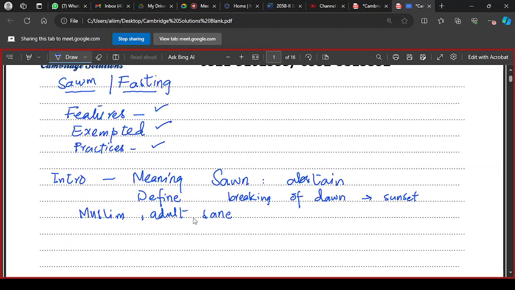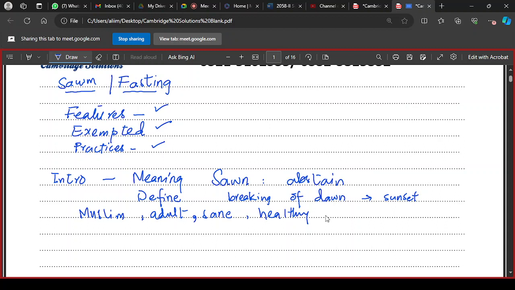Sane means the one who has a sound mind, and who is healthy and fit to observe this obligation. So he has to fast during the month of Ramzan, which is the 9th month of the Islamic calendar.